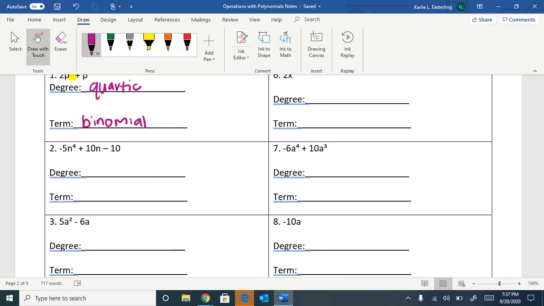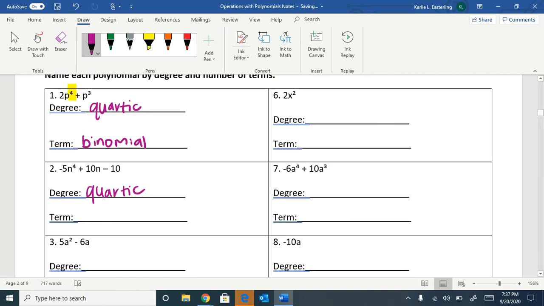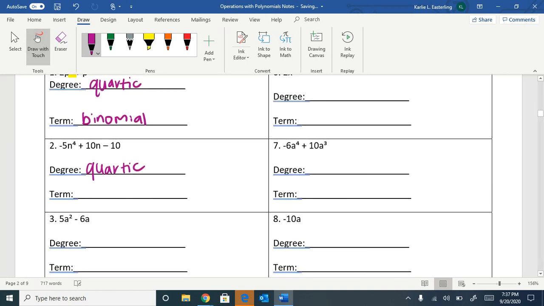If we're looking at number 2, our highest degree in there is 4, which would make it a quartic as well. But in this one, we have 3 terms, which makes it a trinomial.